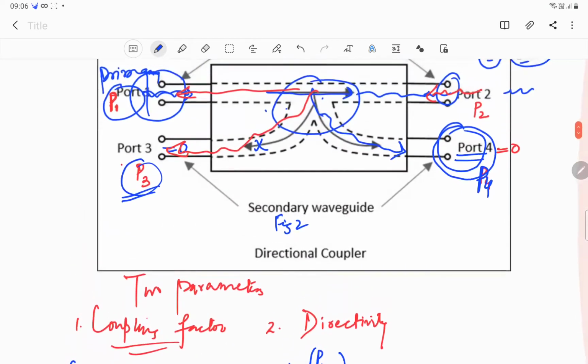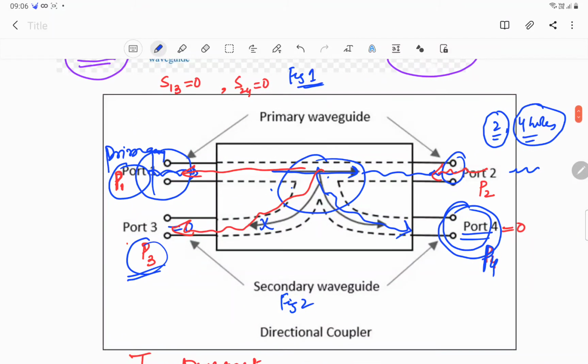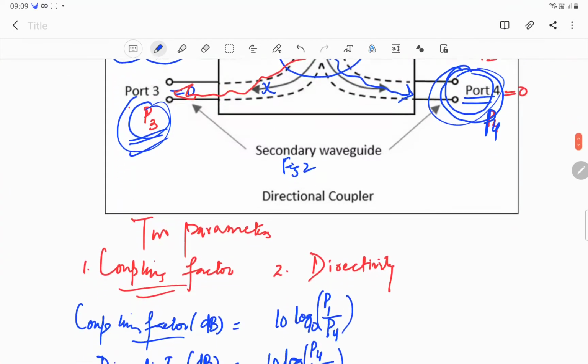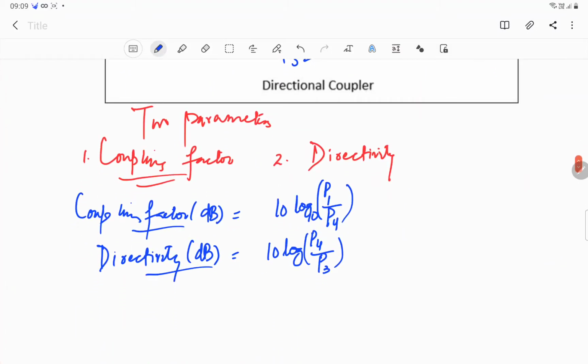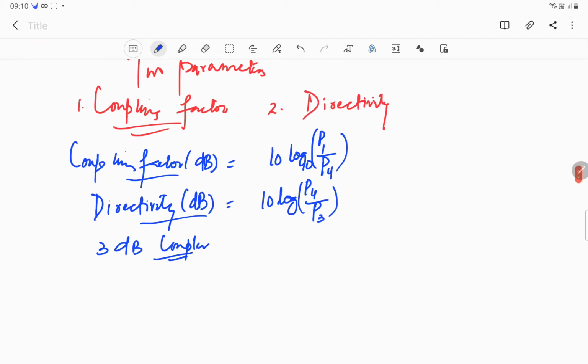But it is to be noted that ports 2, 3 and 4 are to be terminated by their characteristic impedances. For a typical coupling value of 3 dB, for example, we have a 3 dB coupler. A 3 dB coupler would mean that coupling factor C, as we know, is 10 log 10 P1 upon P4.